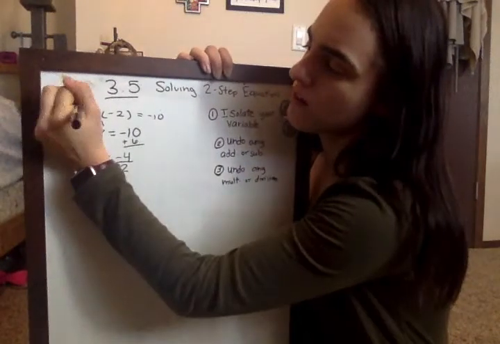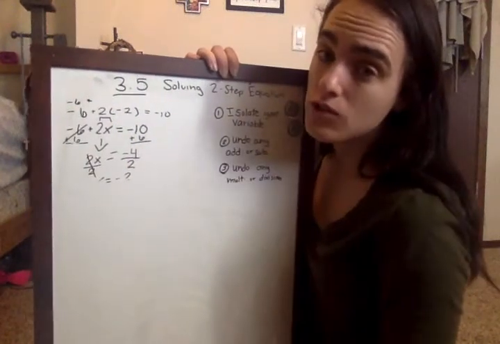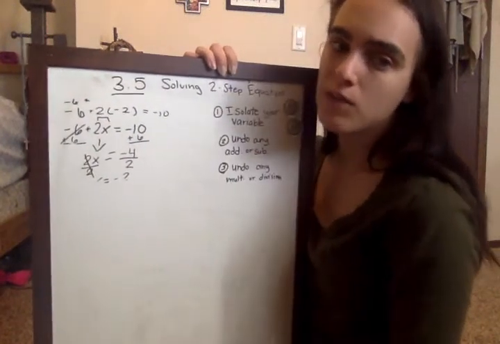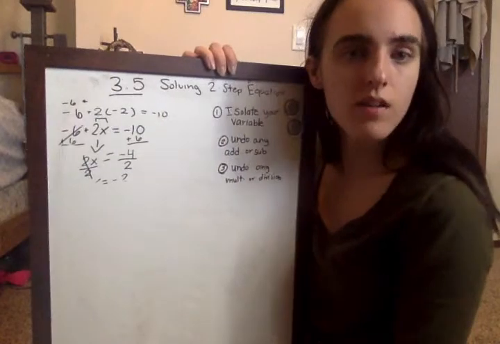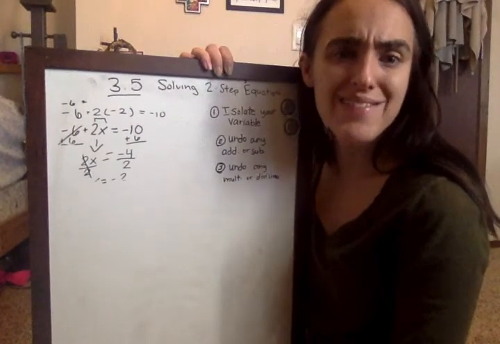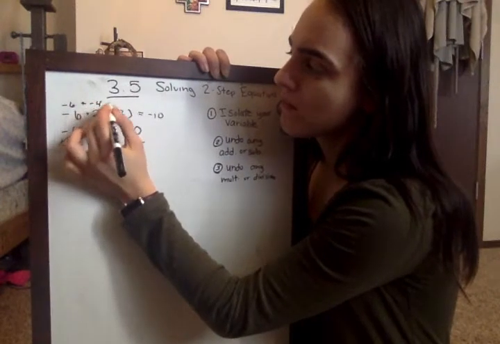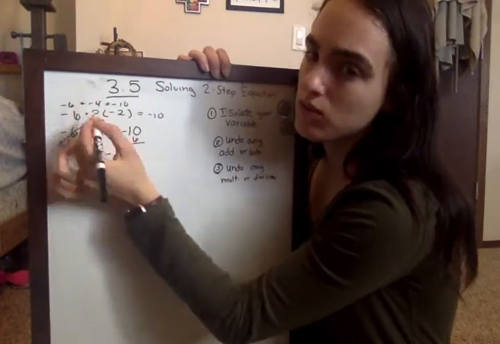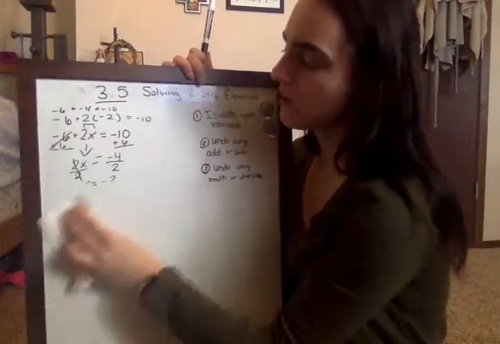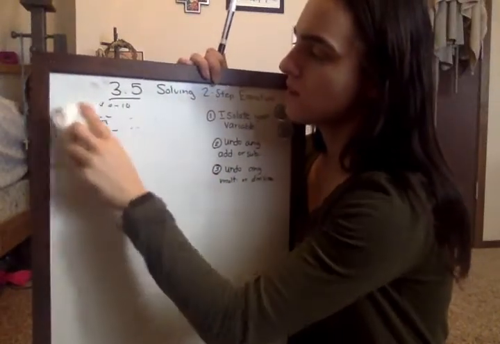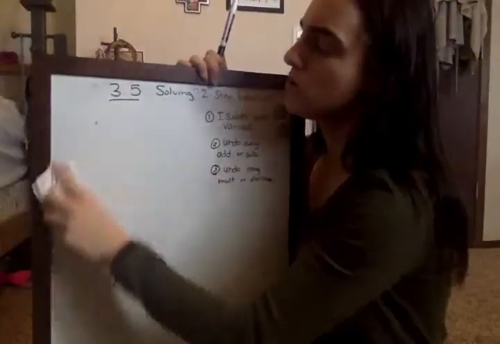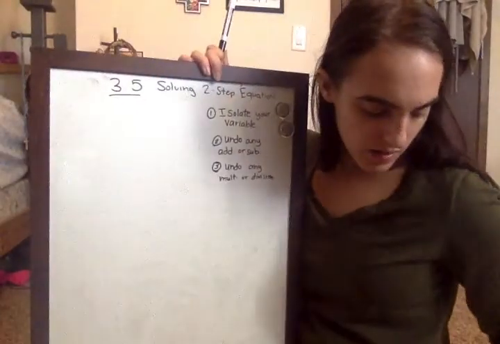So -6 plus, what's 2 times a -2? A positive times a negative is a negative. -6 plus -4 is -10. So we got it right. Woohoo! We got it right.